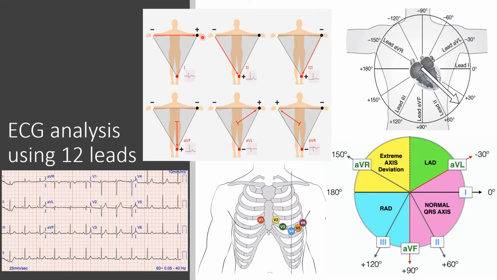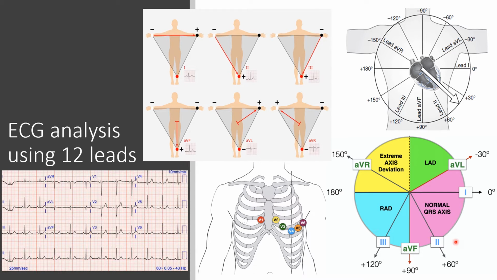And as I said, each lead is going to represent a particular orientation of your heart. It's going to show you a different view of your heart. Basically, all of these different views end up providing you with this EKG graph right here. You get the P wave, you get the QRS, and you get the T wave.